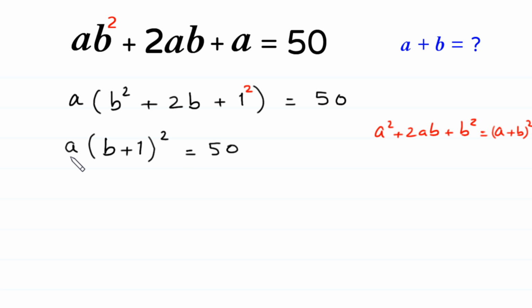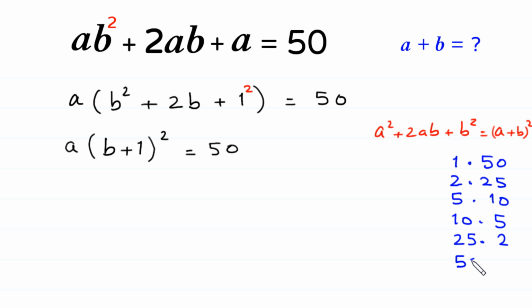One factor is a and the other is b plus 1 whole square, and this 50 can be factorized as 1 times 50, 2 times 25, 5 times 10, 10 times 5, 25 times 2, and 50 times 1.